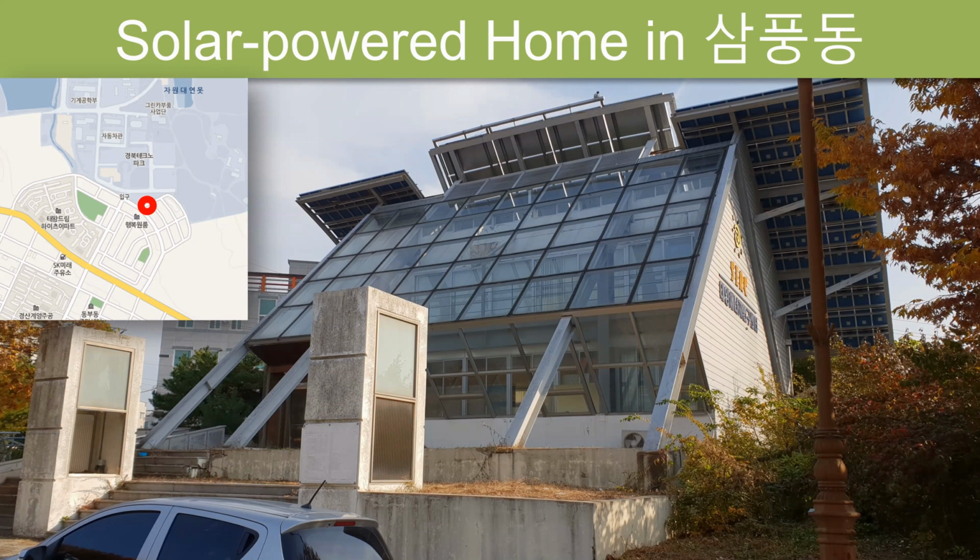But this was a solar panel home that was built, I think, as an example of what can be done with solar panels. But now it is empty. It's just sitting there. So if you ever want to see it, take a look at the map and you can go and have a look at it. It's still there.